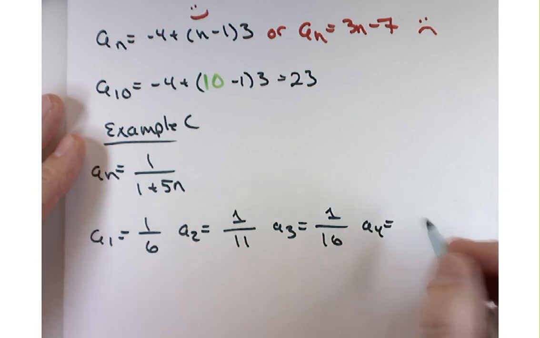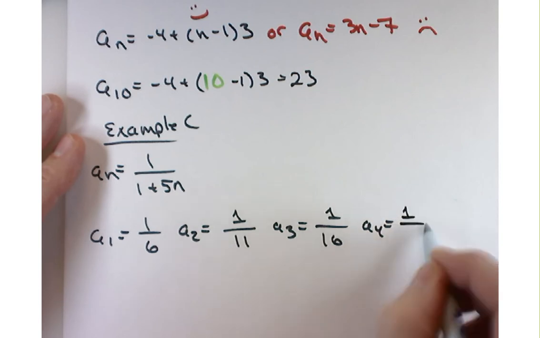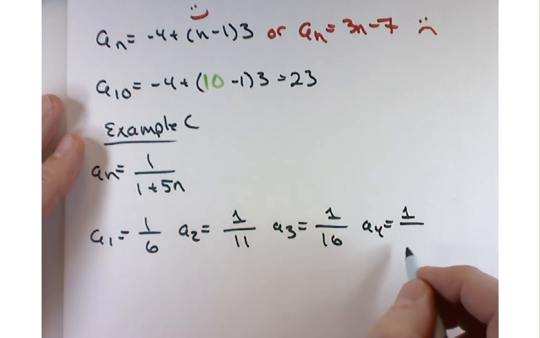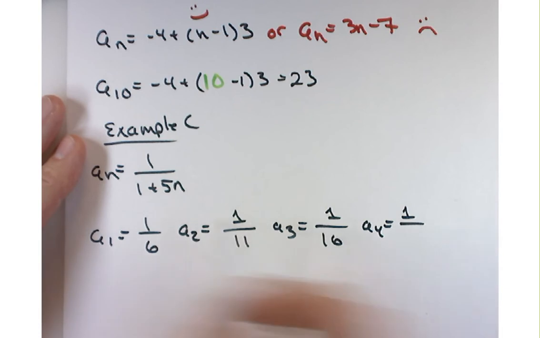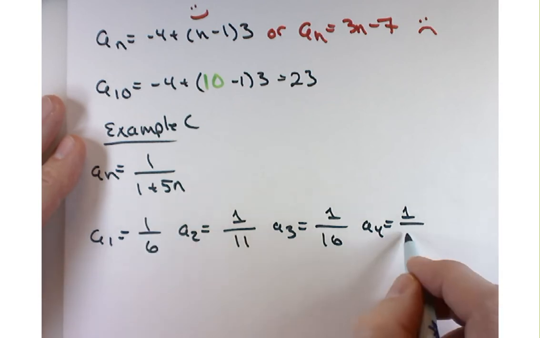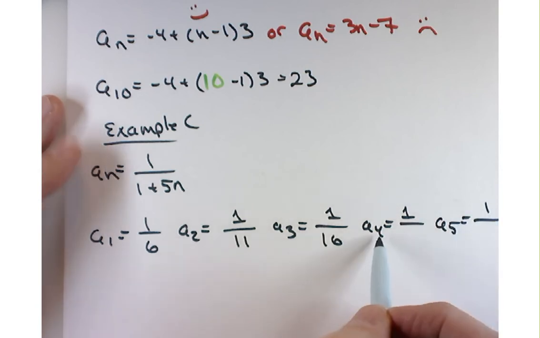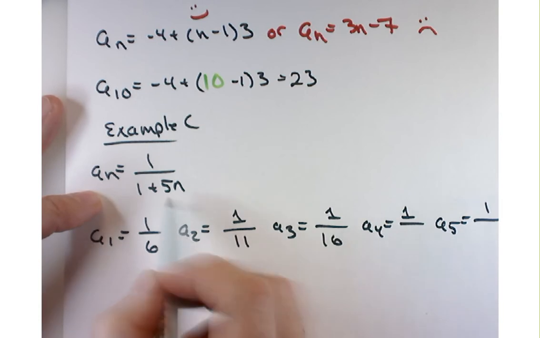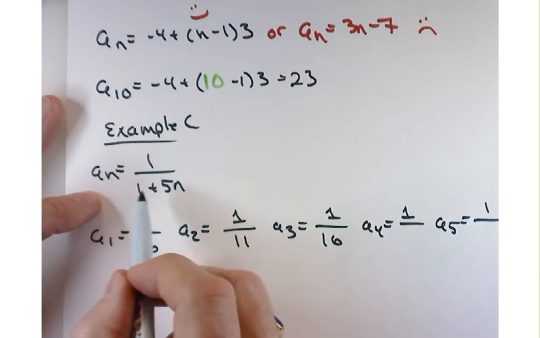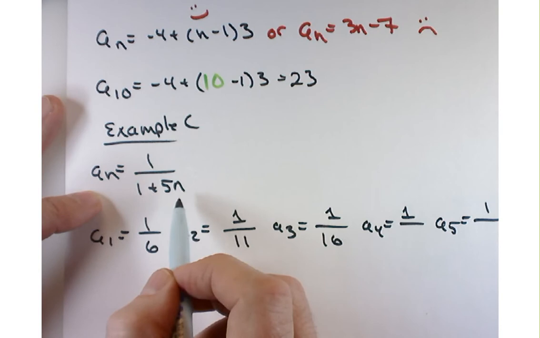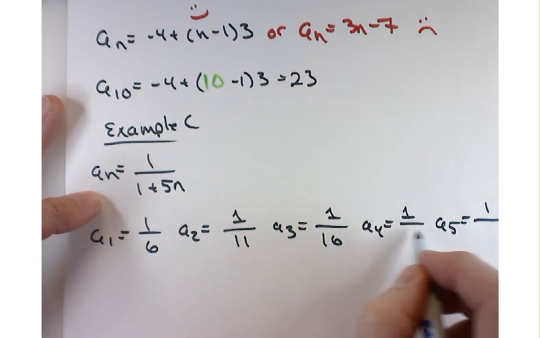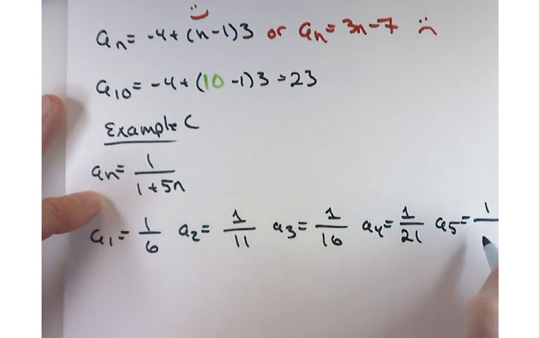And then Jason will be A sub 5. Let's put in a 4 here. If I put in a 4, what's 1 plus 5 times 4? 21. Okay. And last but not least, Jason? 1 over 26. Nice, 1 over 26.